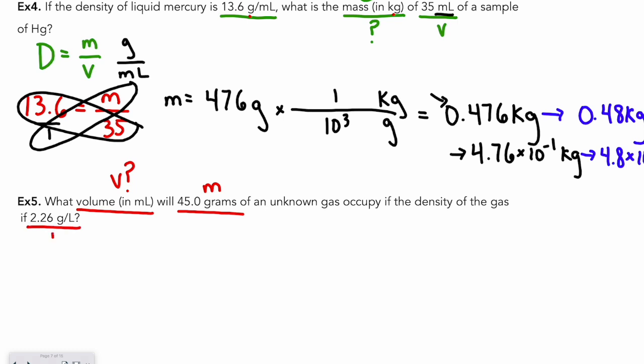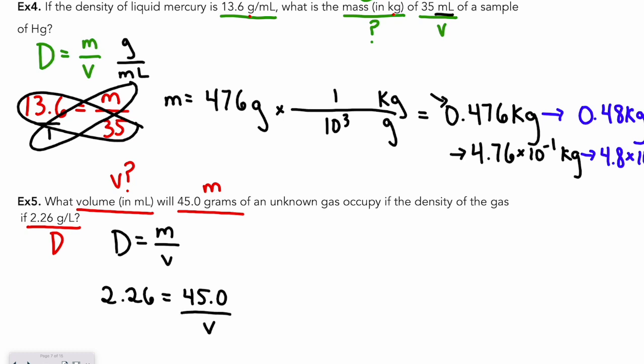So that is my density. All right, so let's do it. Density equals mass over volume. I know that my density is 2.26 grams per liter. That's something we're going to have to be careful with when we're solving this problem. I know that my mass is 45 grams, and I'm solving for my volume.